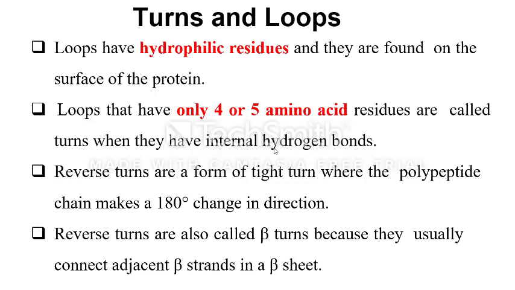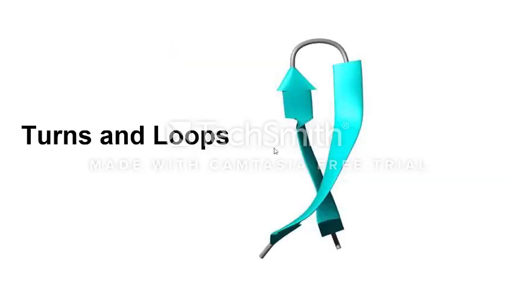So these are reverse turns. Reverse turns are also called beta turns because they usually connect adjacent beta strands in beta sheets. So here are the turns and the loops. This is basically a loop and this is basically a turn.